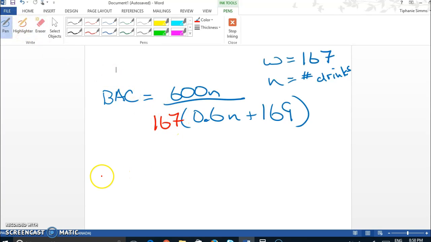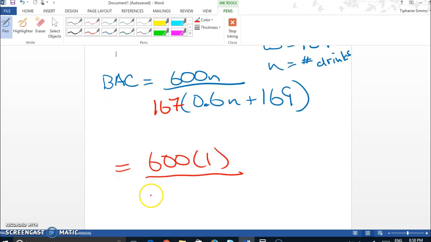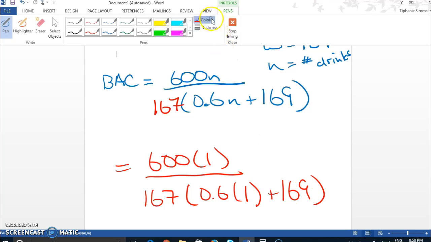Okay, so for one drink, let's sub that in. That's going to equal 600 times 1, which is really just 600. And then down below, we're going to have 167 times 0.6 times 1 plus 169, all still in brackets.